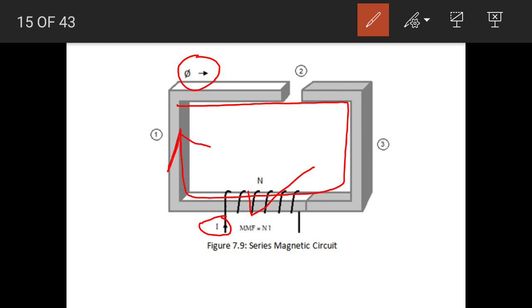So the MMF will be equal to Ni. Now we consider the reluctance of material number 1, the reluctance of material number 2, and the reluctance of material number 3, and all these three materials are in series. Why? Because the same magnetic flux will flow in all these three materials.